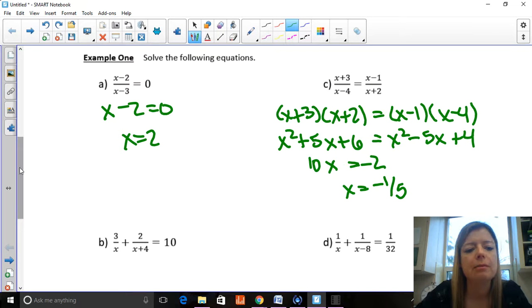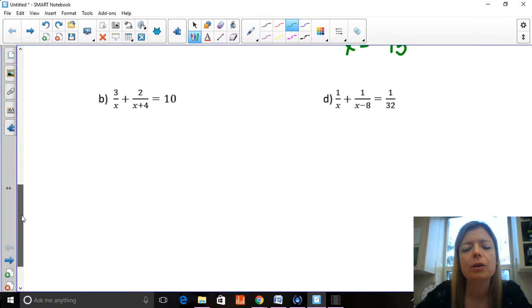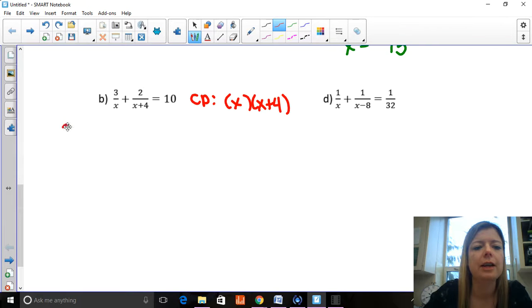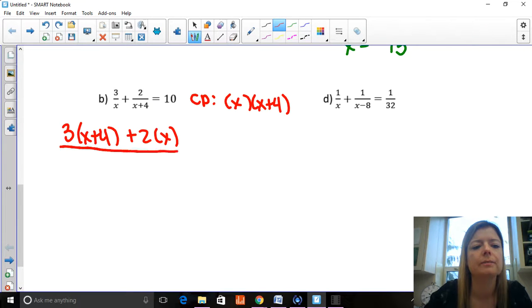Now we get into these problems where we're actually adding or subtracting different rational functions, which means we need to get a common denominator. In this case, the common denominator is you just multiply the denominators together. So it's just x times x plus 4. That means that 3 has to get multiplied by x plus 4, and 2 has to get multiplied by x, and then we have our common denominator of x and x plus 4 equals 10.